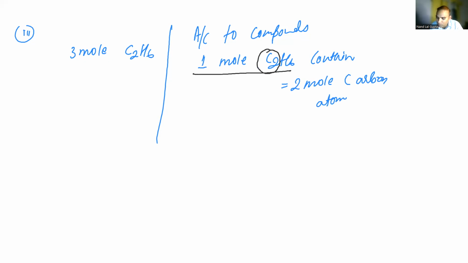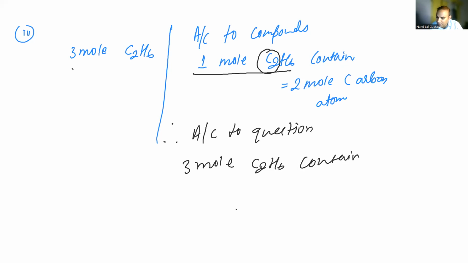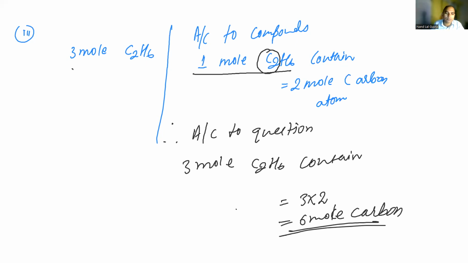So 1 mole contains 2 mole carbon. Therefore, according to the question, 3 mole C2H6 contains how much? That is 3 into 2, so that is 6 mole carbon. Can you understand this one?